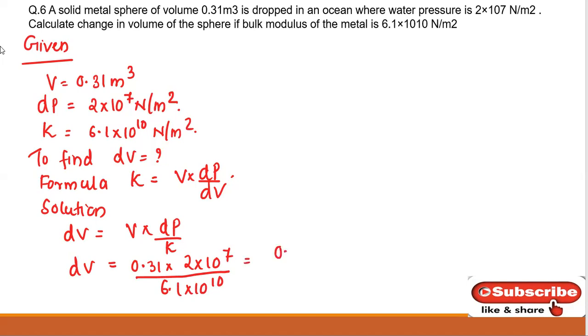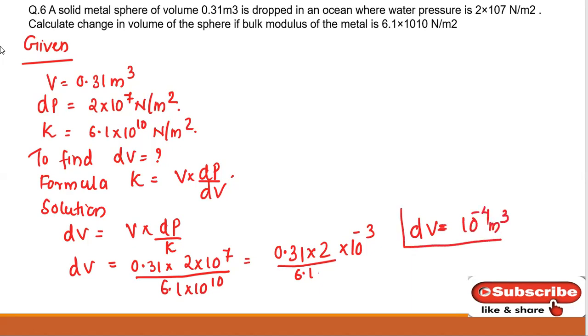That is 0.31 into 2 upon 6.1 into 10 raised to minus 3 will come. On solving this, we will get dV is approximately equal to 10 raised to minus 4 meter cube.